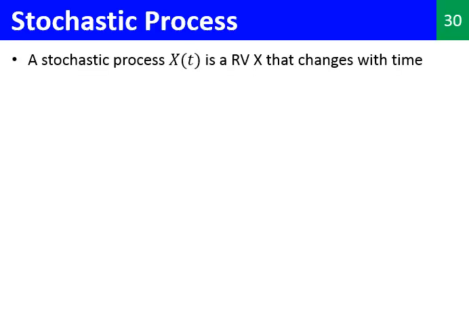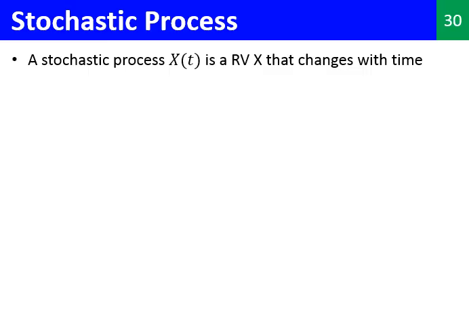Okay, next we will quickly go through stochastic processes, as we are actually dealing with such processes in probabilistic state estimation after all. So the word stochastic simply means the random nature of the process. So what is a stochastic process? It is nothing but a random variable that changes with time.